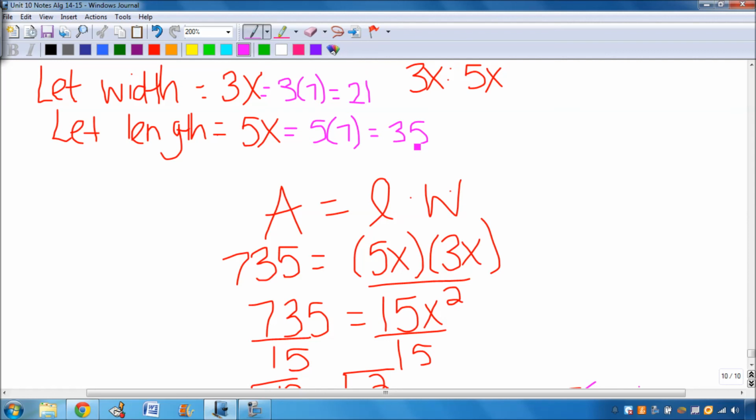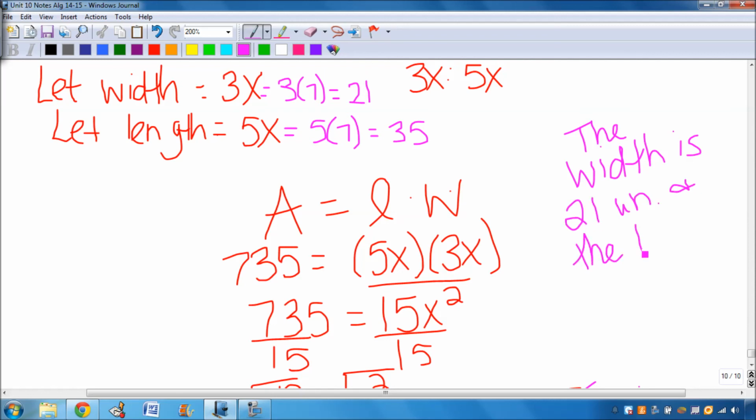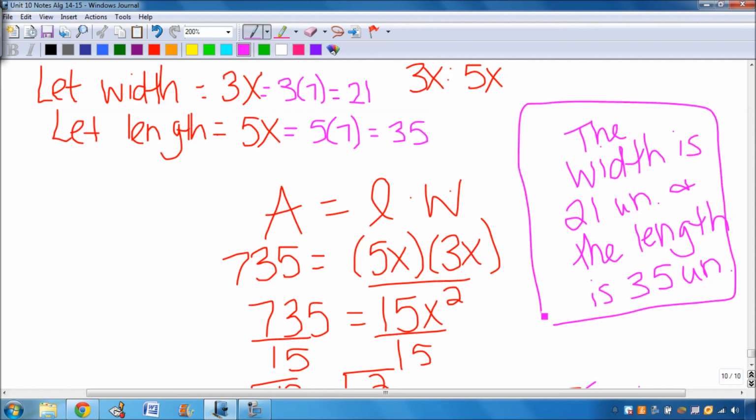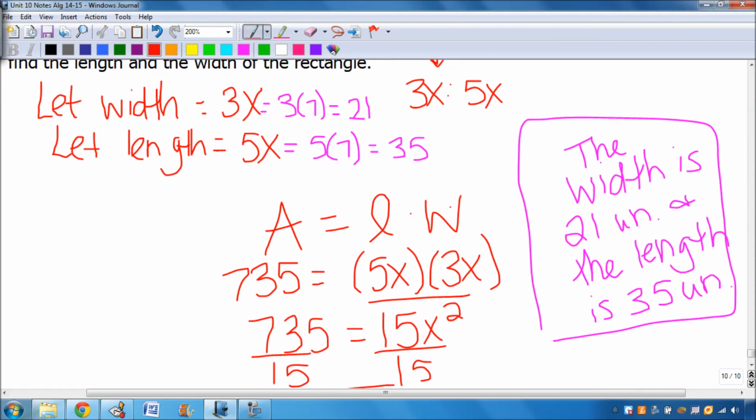So your answers are the width is 21 units, and the length is 35 units.